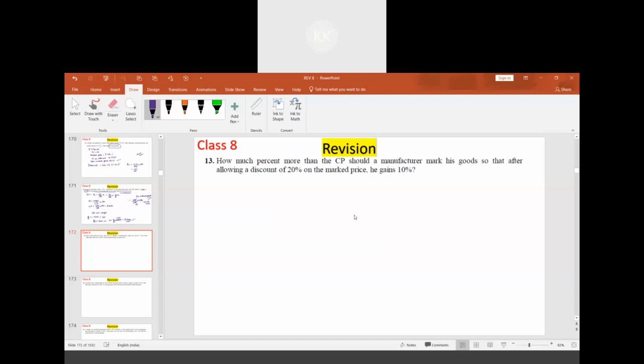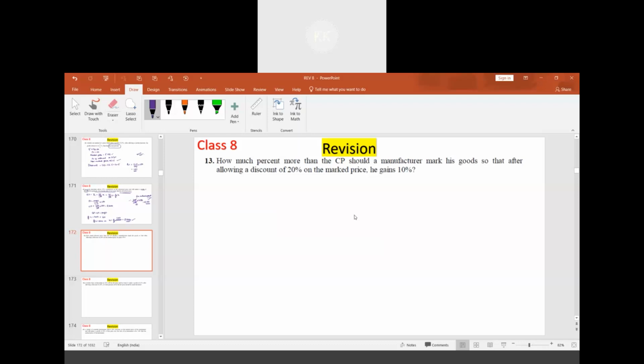What do you understand from this question? Sir, they are asking what the marked price should be. They are asking.